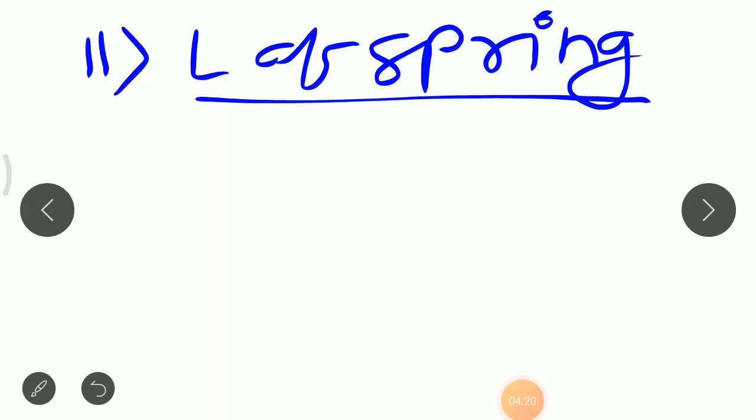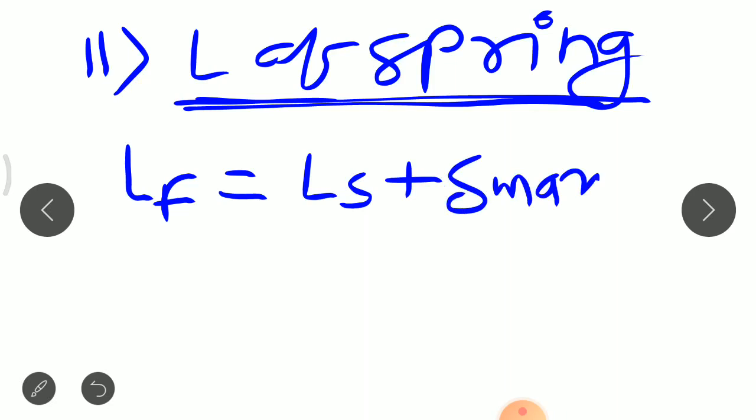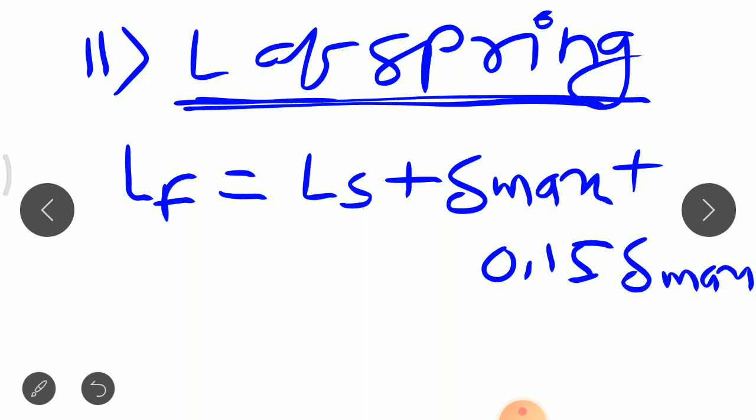अब यहाँ पे लेंथ ऑफ स्प्रिंग कैलकुलेट करने के लिए हमारे पास हमने फॉर्मूला देखा था, LF is equal to, that is the free length is equal to length of solid spring plus delta max, that is the maximum deflection, which is nothing but 8.5 plus correction point 0.15, that is 15% allowance of maximum deflection.